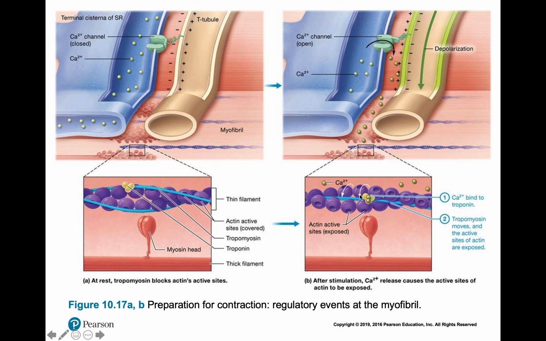So calcium is the link between excitation and contraction. Calcium must be bound to troponin in order for these active actin sites to be exposed and for myosin to bind to actin. And only when myosin can bind to actin can we get contraction.